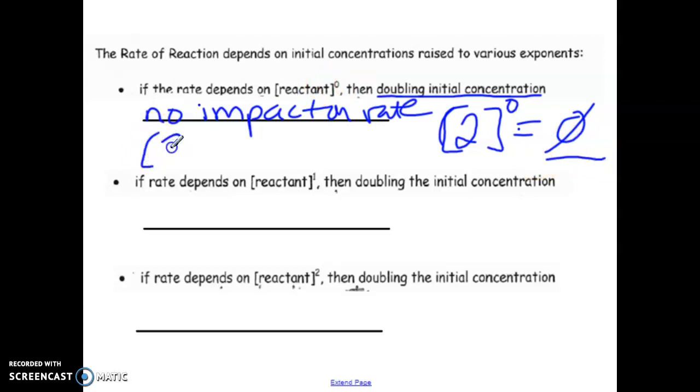So even if you were to triple that concentration, you're going to have 0 impact on the rate. Even if you were to do 10 times the concentration, the impact would still be 0 on the rate.